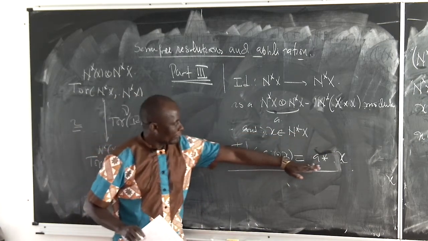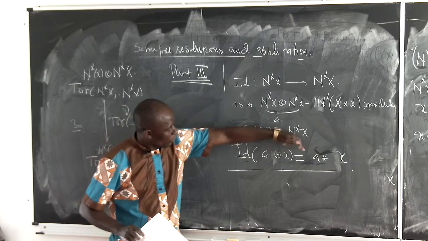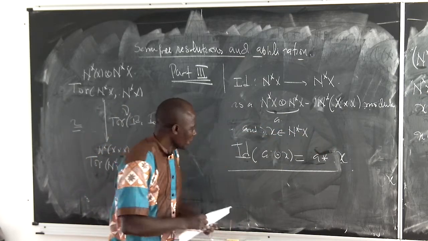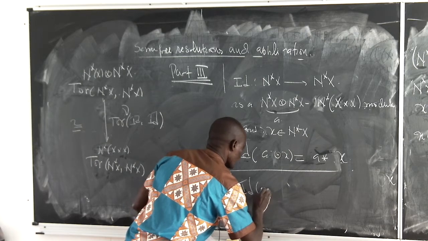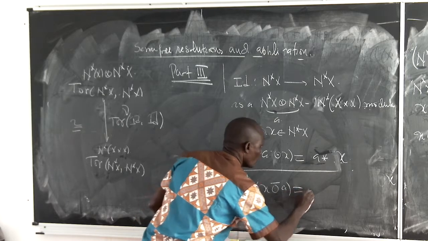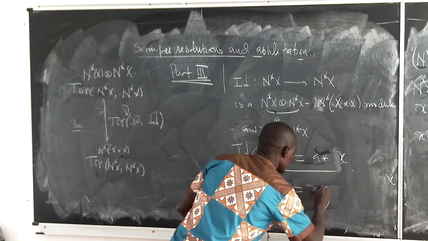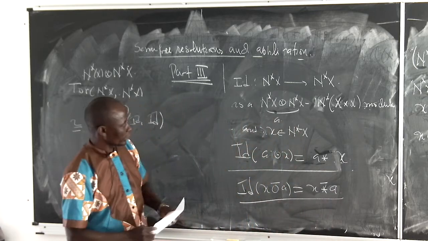We are expected to have this relation. It means that the identity of this is equal to this, and equal to X. We are expected to have these two things.